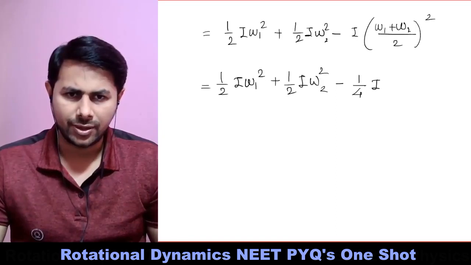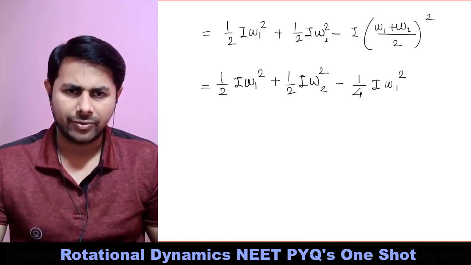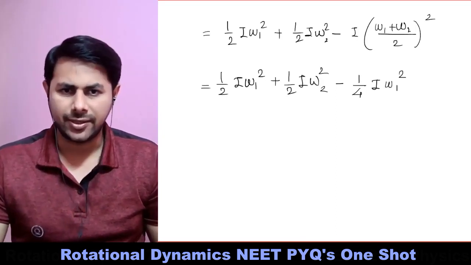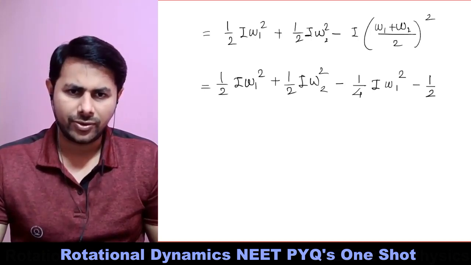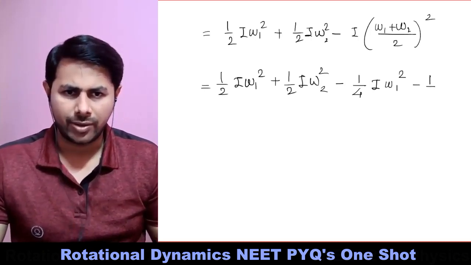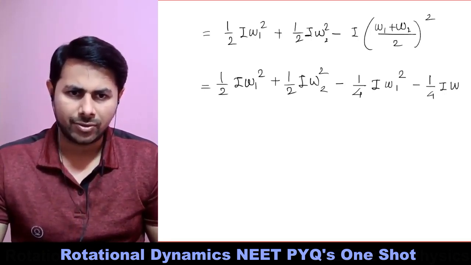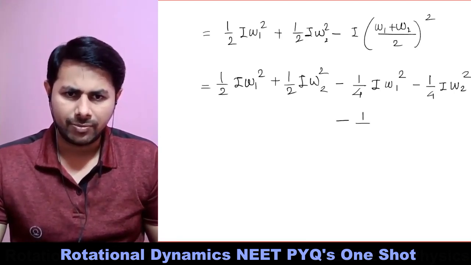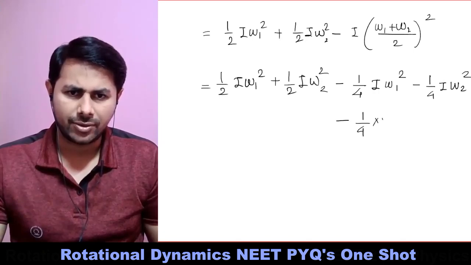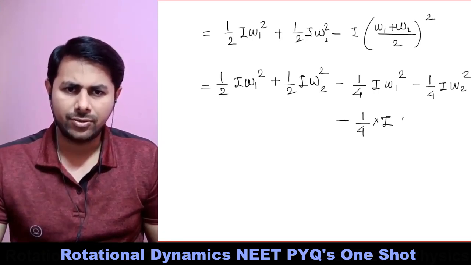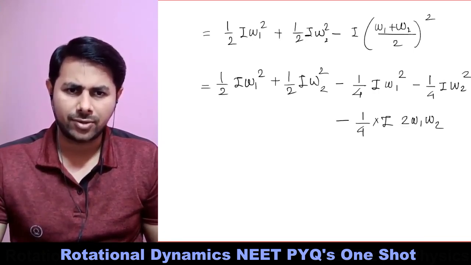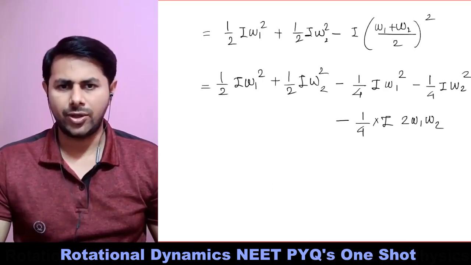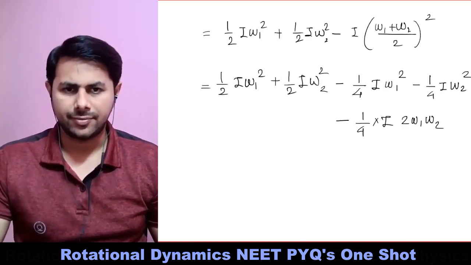Right, 1/4 I multiplied by omega 1 square. I will just expand the terms, right? Plus 1/4 I multiplied by omega 2 square, and plus you will have 1/4 multiplied by I multiplied by 2 times omega 1 into omega 2. Okay, this is what we'll have, right?